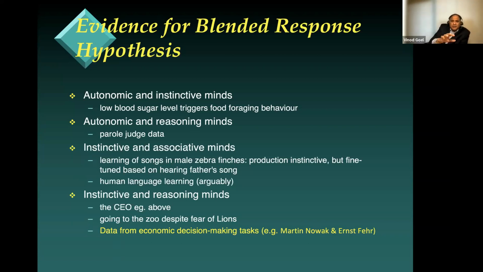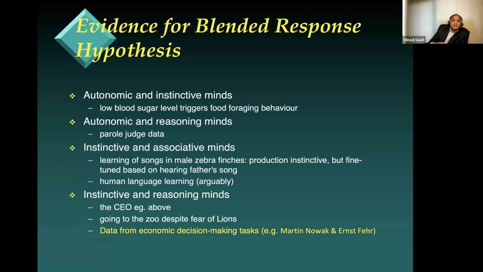Instinctive and associative mind interactions: well, look at the learning of songbirds in male zebra finches. The production of the song is instinctive, but it's fine-tuned based on hearing the father's song. Human language learning, presumably or arguably, has the same features.